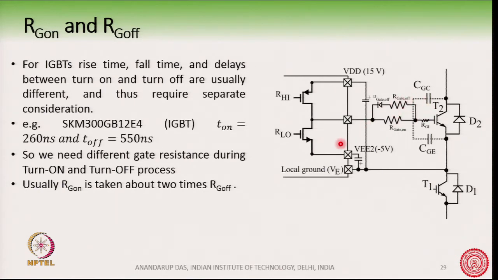Okay. So, it has generally been found that Rg on is taken about 2 times Rg off. Again it is a designer's choice, how fast you want to turn on and how fast you want to turn off. Rg off and Rg on have other implications also. Okay.